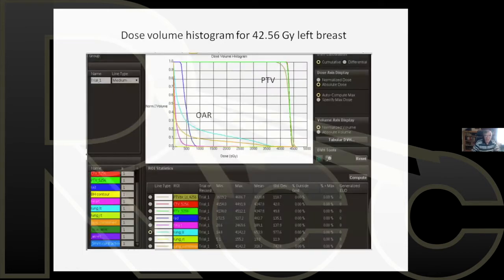Here's the graph of the treatment that we showed. PTV right here. GTV, PTV. And over here, we see the organs at risk, very, very low, very favorable dose volume histograms.